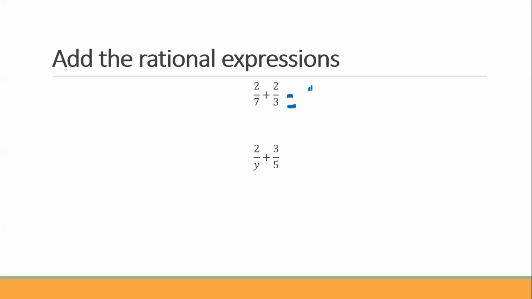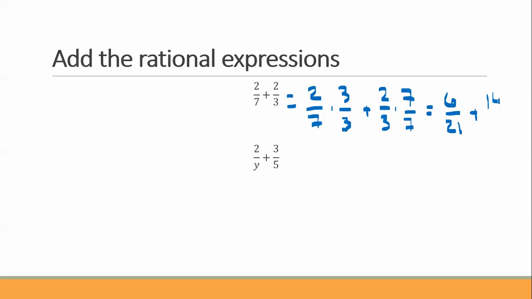So we have 2/7 times 3 over 3 plus 2/3 times 7 over 7. So that gives us 6 over 21 plus 14 over 21. So that is 20 over 21.